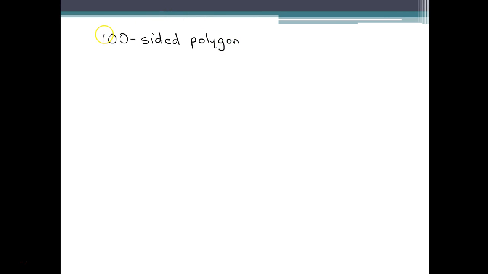Well, you don't have to sit there and draw out the polygon with 100 sides. It would take too long. No need to. You don't even have to draw the triangles or anything like that, because you're going to be able to make 98 triangles. It's always the number of sides, or the number of angles, minus 2.